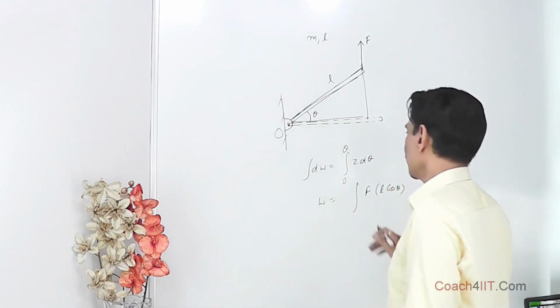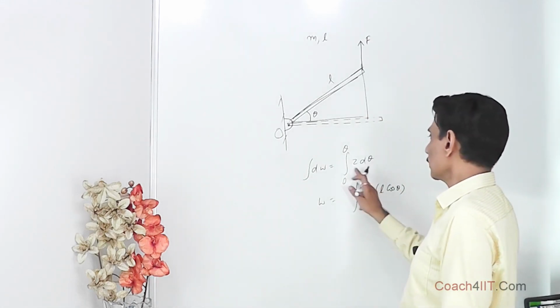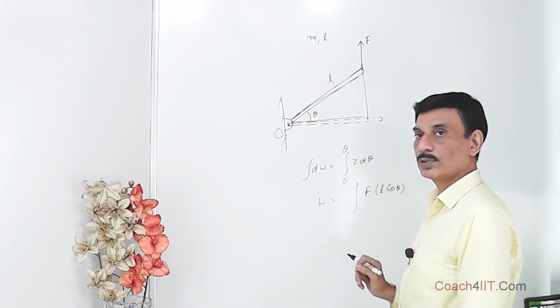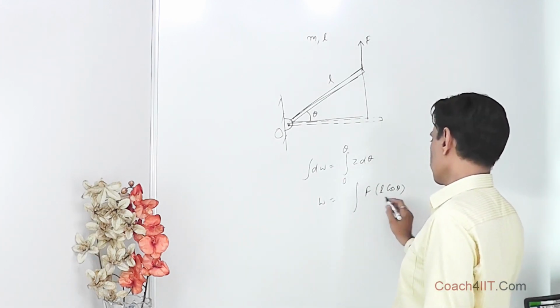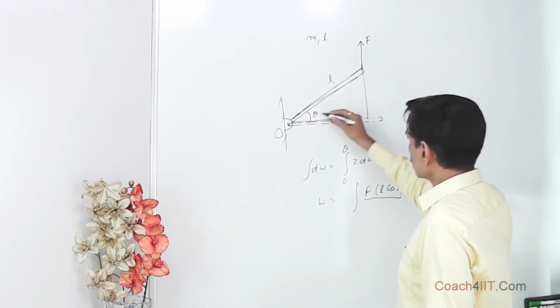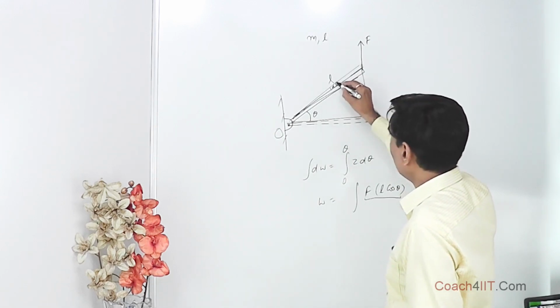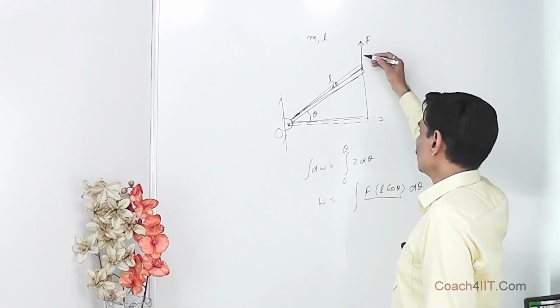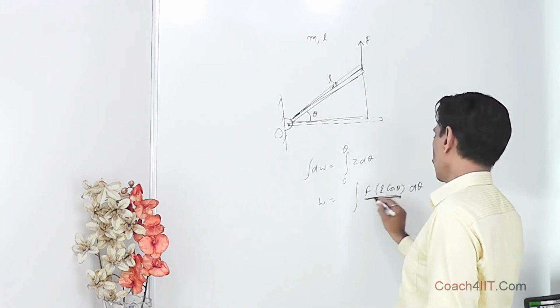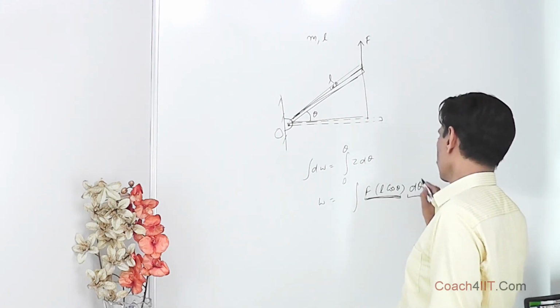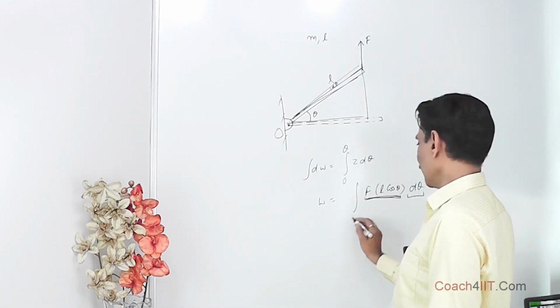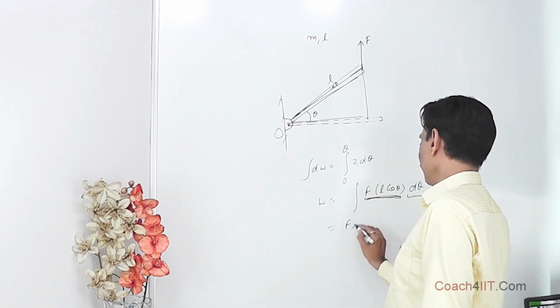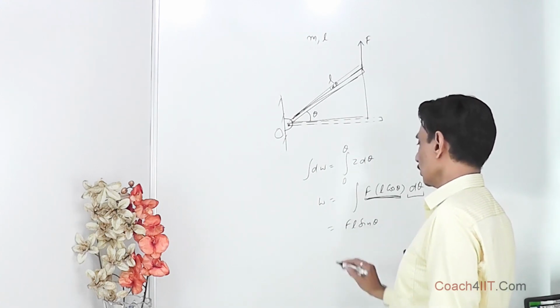So we cannot say the torque is constant, it is a variable torque, and that's why we have used integration. So F L cos theta is the torque, and for a small displacement d theta, this is the work of this torque in rotating the body through a small angle d theta. That integrates to F L sin theta.